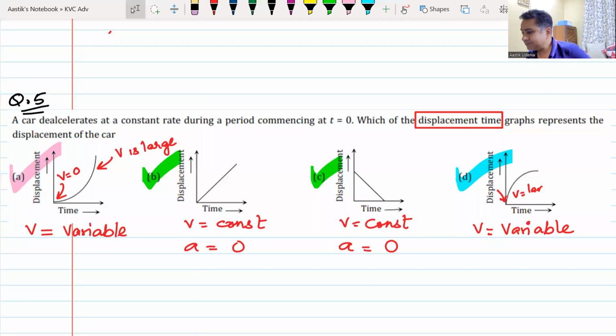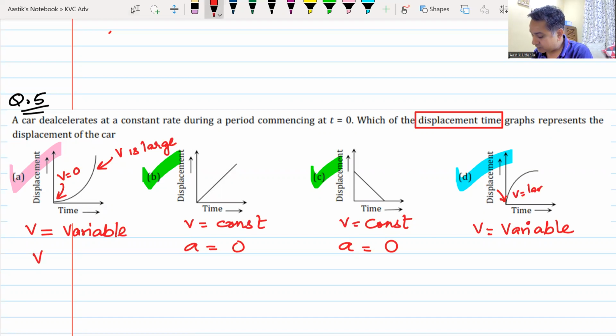Do we understand this? This thing has gone, I don't know why. Let me try to bring it back. So in one case velocity is increasing, and in the other case velocity is decreasing. In which case is velocity increasing, and in which case is velocity decreasing?